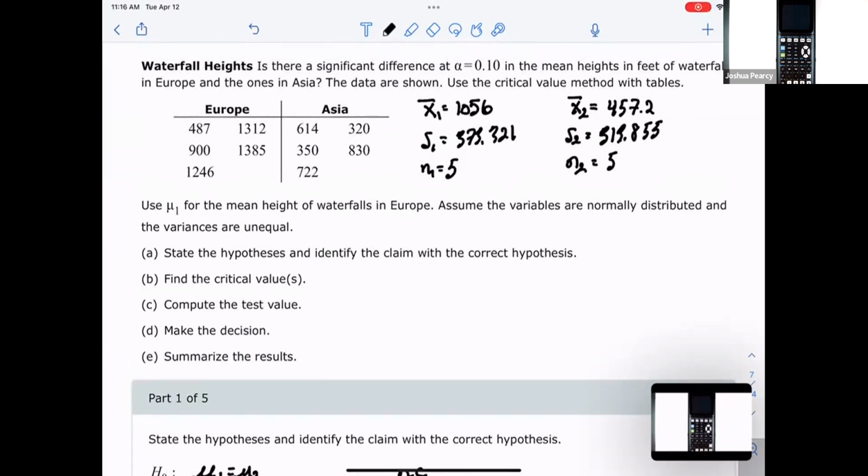Do that, we go 4, 0.1, two tails. What is that? Anyone got the table on them to look at it? Yeah, 2.132.